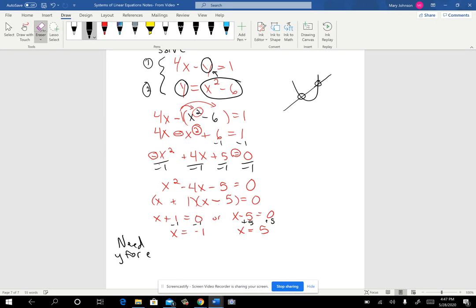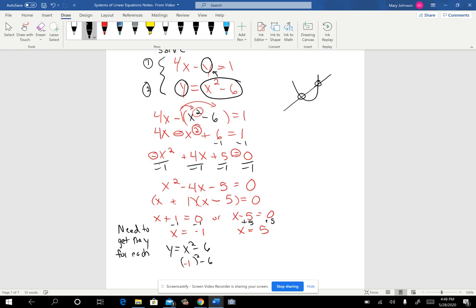Let me write that more clearly. Okay, move this up a little bit. I need the y for each, okay? So what you're going to do is take either equation, but I think equation 2 might be the one that works the best since y is already by itself. And then right there where x is, put a -1 on this one.